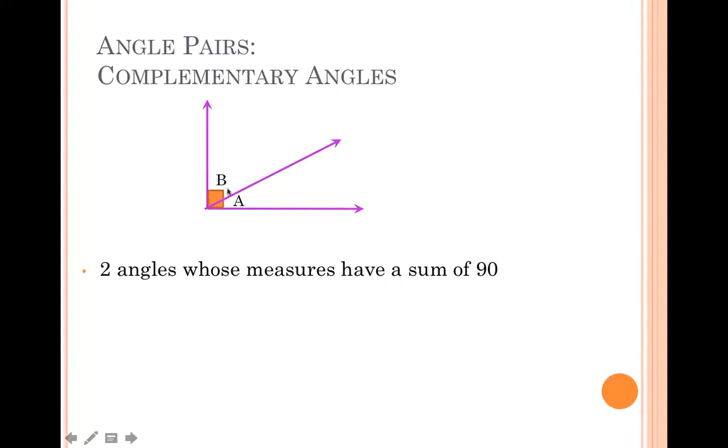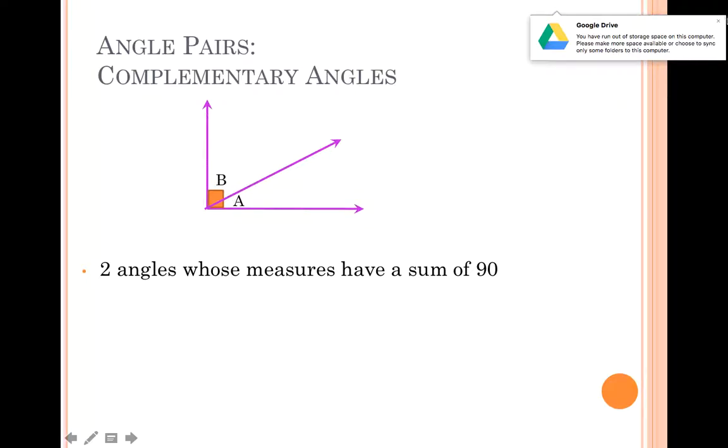And this little box you see inside the angle means that it's 90 degrees, or a right angle. Now, if you do not see this little box, you can never, ever, ever assume that an angle is a right angle, unless there's another way to get there. If you just see an angle that looks like a right angle, but it does not have the little box, be careful.